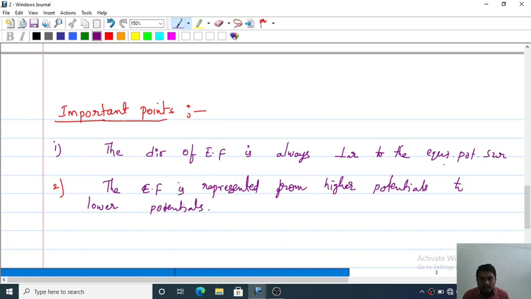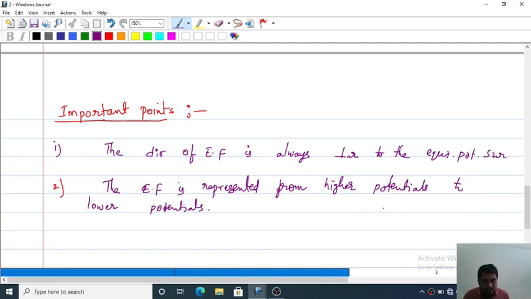Okay, this is with respect to equipotential surface. How is it related to equipotential surface? Electric field is perpendicular to equipotential surface, and in which direction is it represented? It is represented in the decreasing potentials. Nothing but it is always represented from higher potential to lower potential.